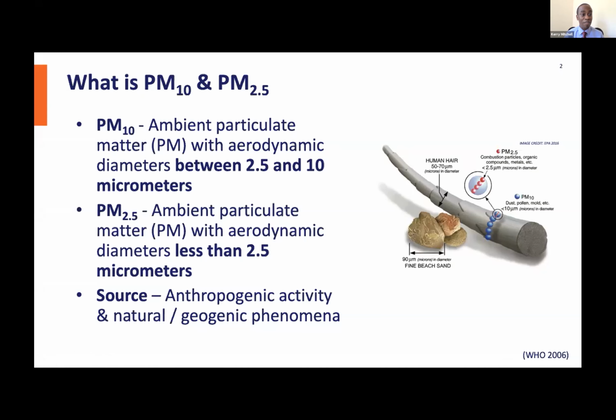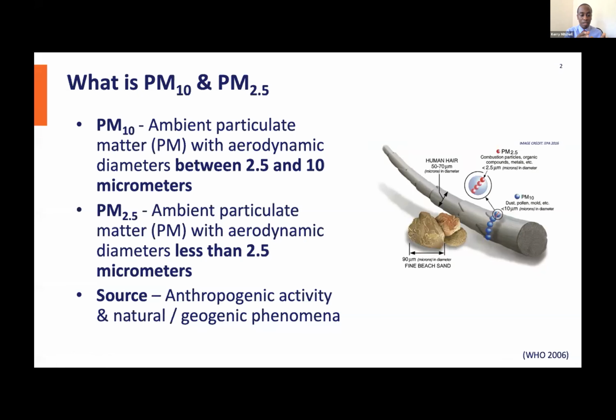So PM2.5 is actually less than 2.5 micrometers. Now, we are not focusing on PM1, but in the coming years, it will become a much more important form of particulate matter, because these are particles that have a diameter of less than 1 micrometer. So really, really tiny pieces of matter.